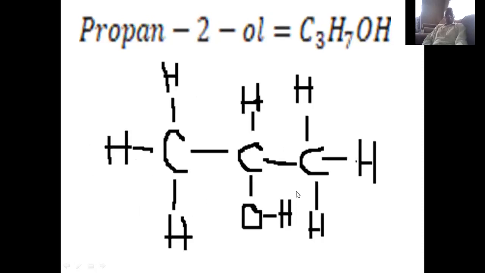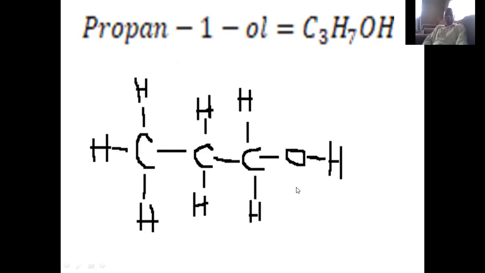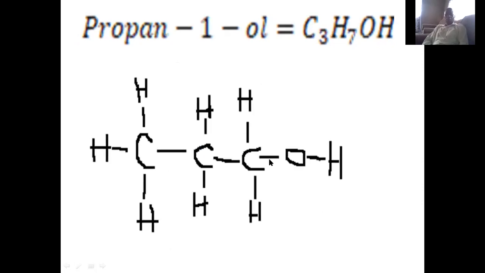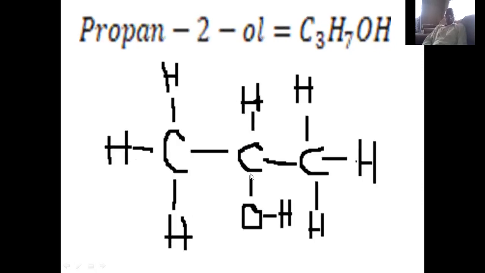If we position the hydroxyl group on carbon number 2, it changes its name to propan-2-ol. If you check, the molecular formula is the same, while the positioning of the hydroxyl group has been changed from carbon number 1 to carbon number 2. So this shows that propanol has 2 isomers.